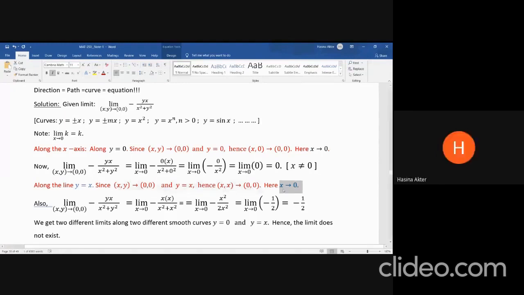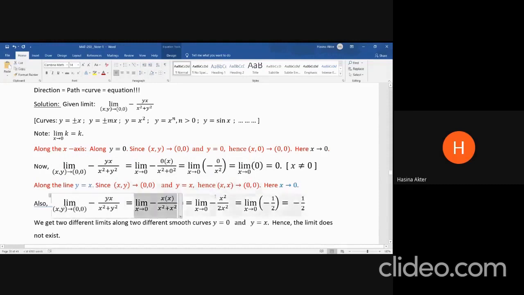So now we are going to apply this limit and this equation. That means y should be replaced by x and the limit should be replaced by x approaches 0. So yx means x times x, and x squared plus y squared means x squared plus x squared.